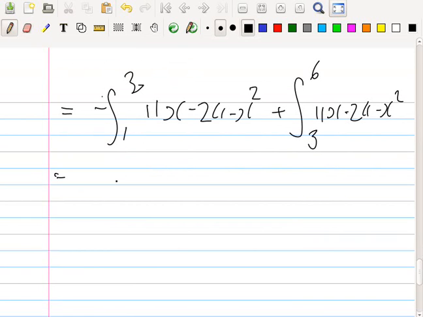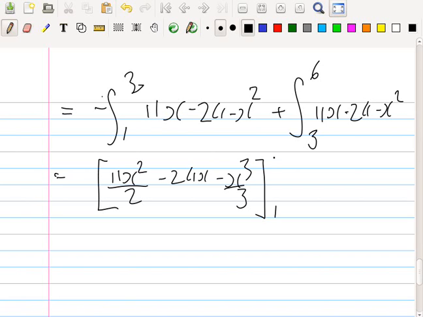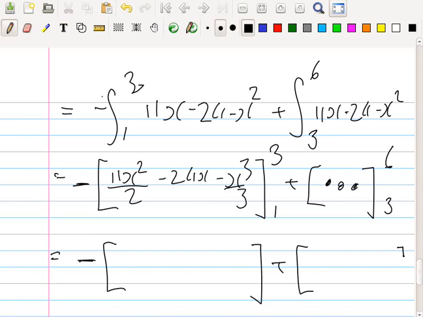So equals 11x squared over 2 minus 24x minus x cubed over 3. And then you put in 1 and 3 minus here plus the same thing, 3 and 6. So let me write the spaces in. So first I put in the 3.